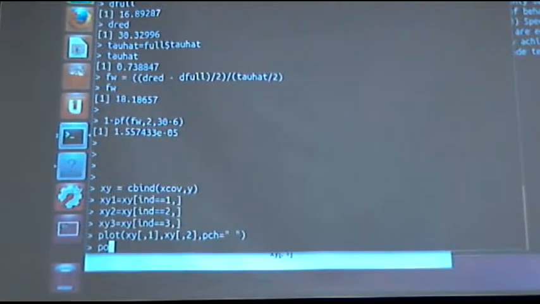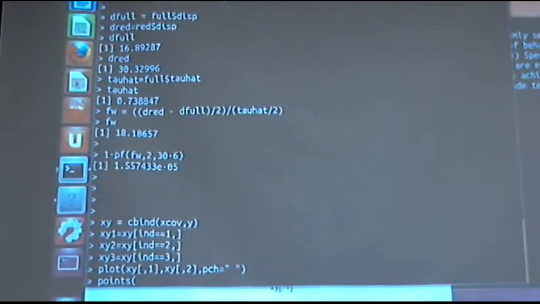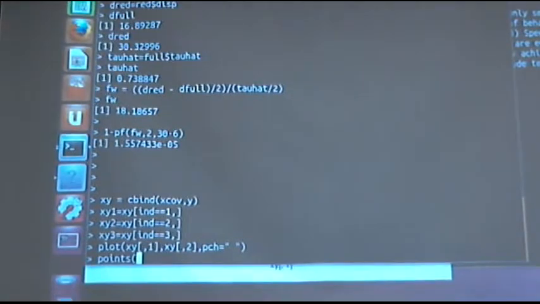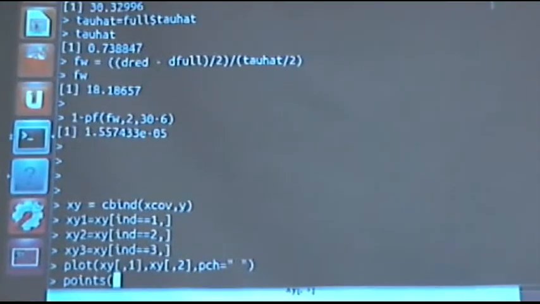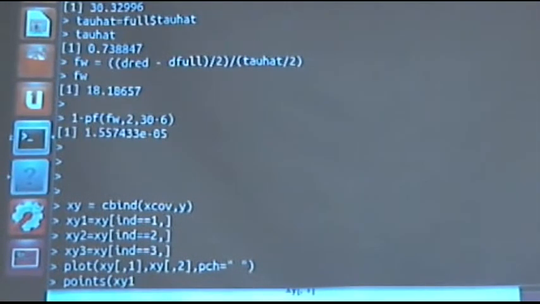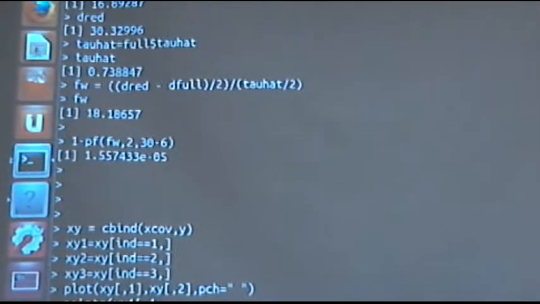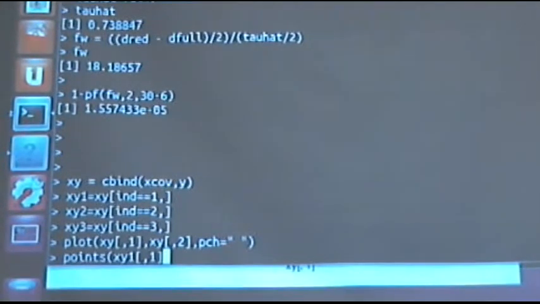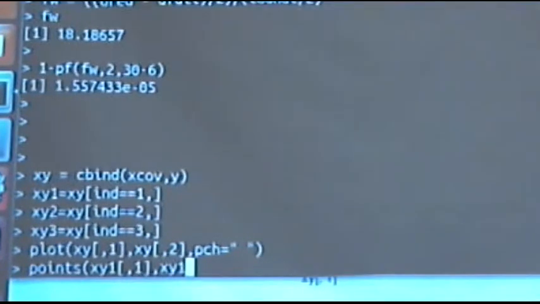So let's just do points. This is going to be tedious. Let me just use 1.